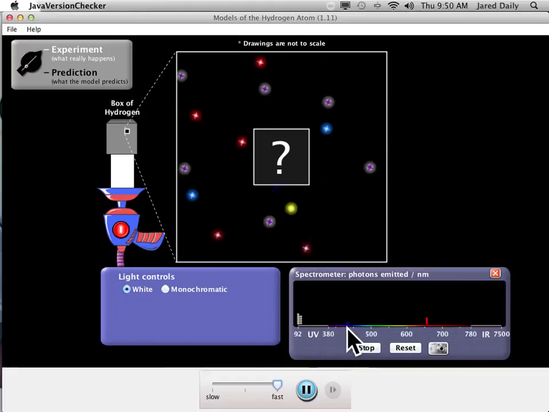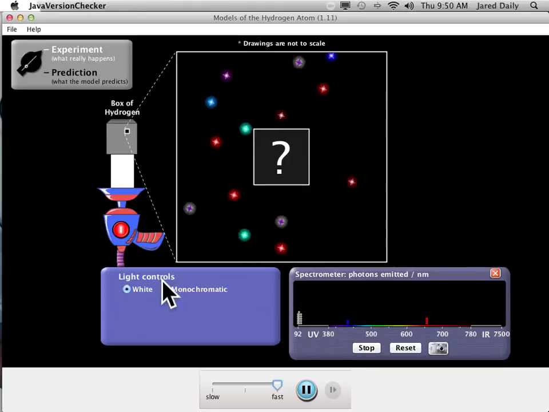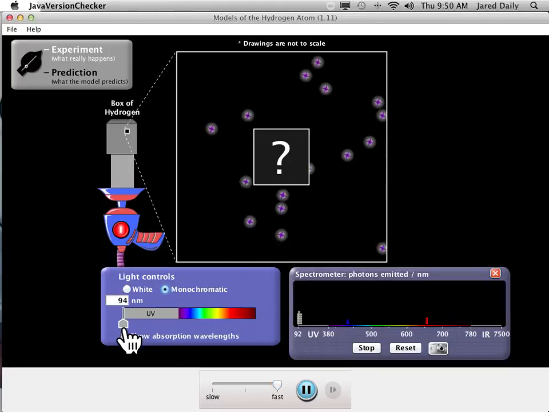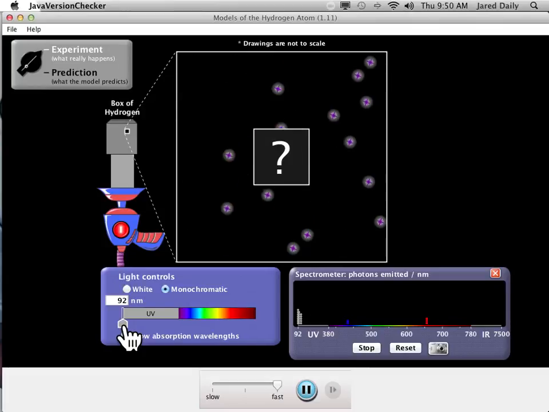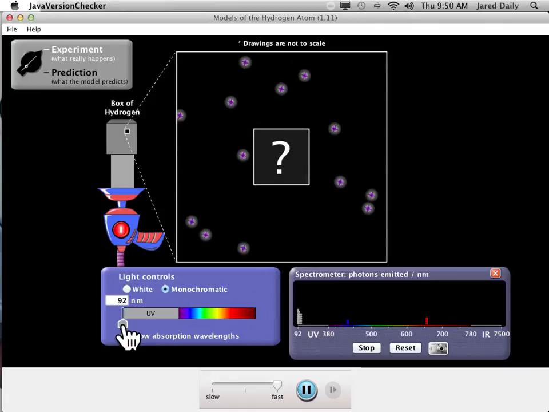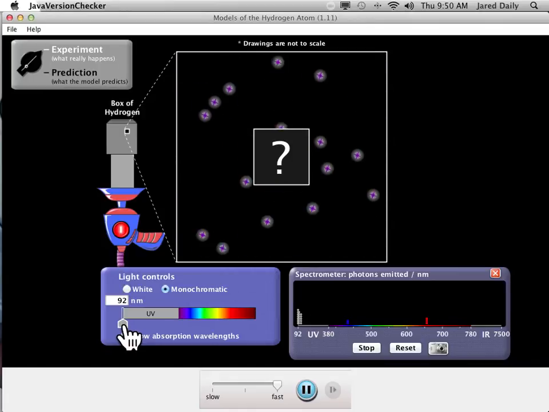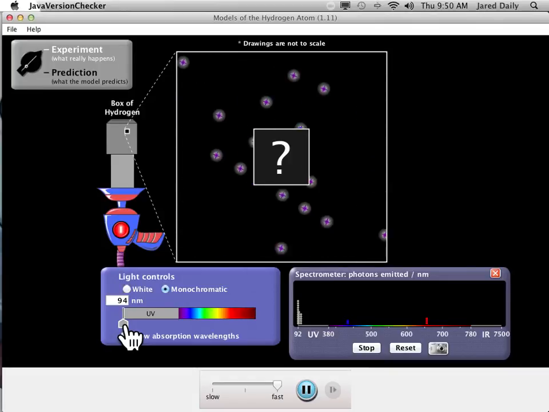So we've got just these certain lights coming out when we shine light in. If we go monochromatically, we start at 94 or 92, and we're going to get a bunch of these things building up over here. 92-ish, 94 it turns out is where it's at, because you can see it really climbing there when we put it to 94.